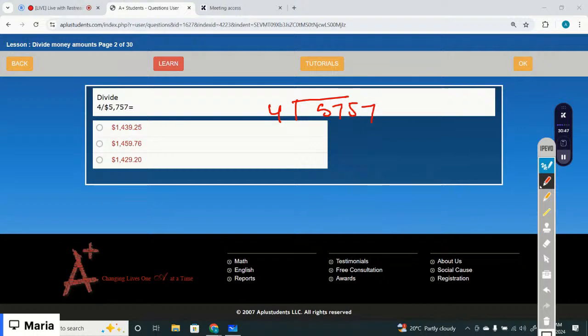So let's just divide using the long division method.